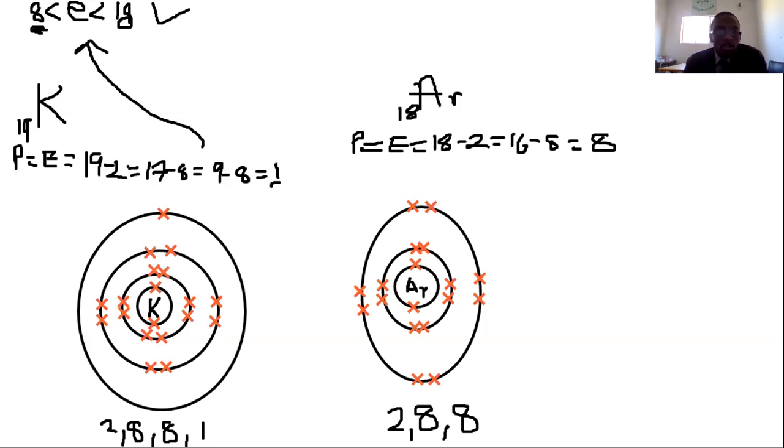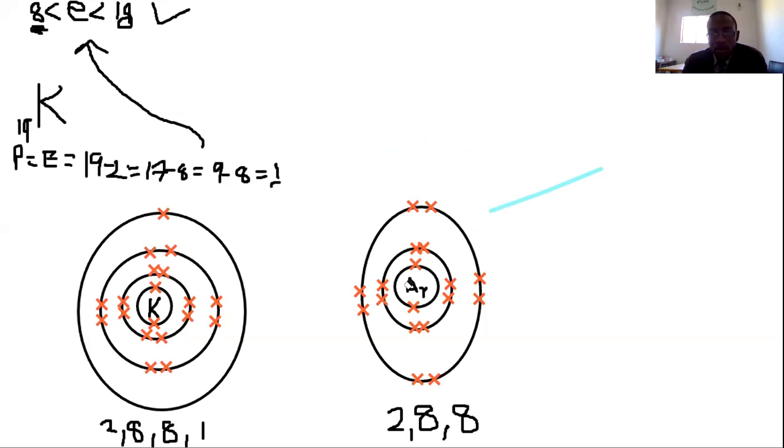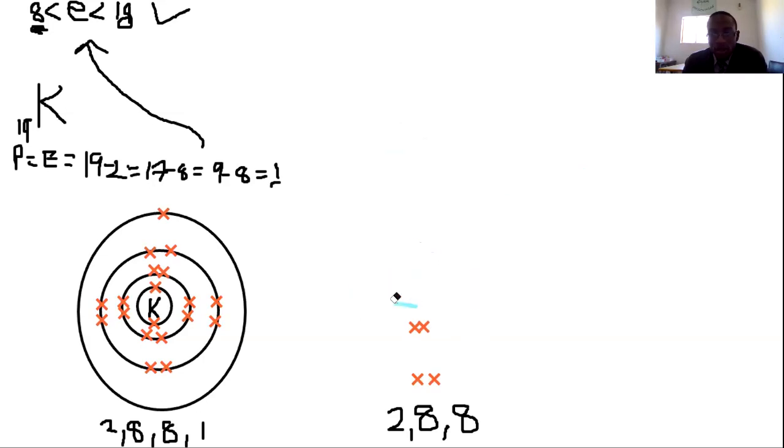So I know at your level it's not possible, but in a situation where you are given, let's take this example, an atom with a proton number which is more than 20.